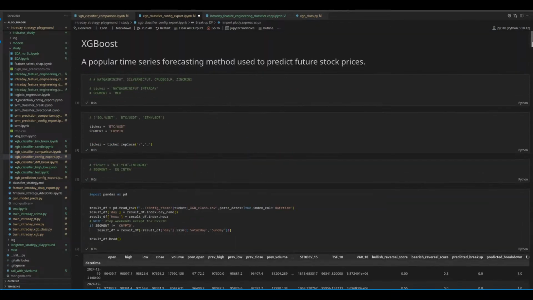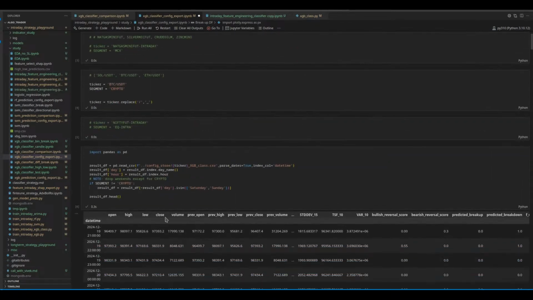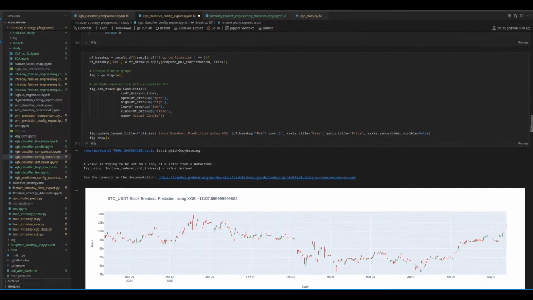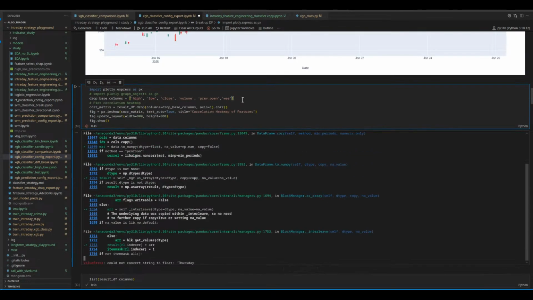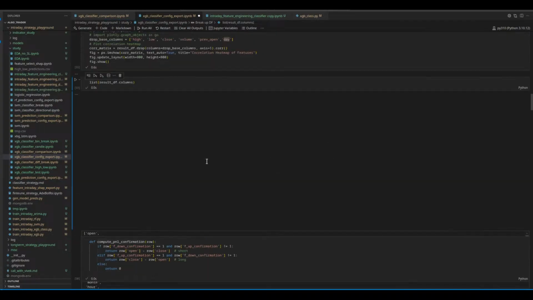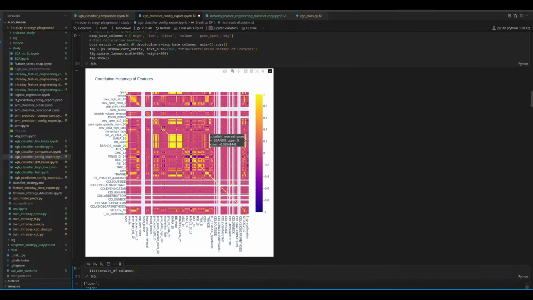Wow, I don't see a column name. Result df of day. Okay, so what correlates with it? Open. There's no way I can use this.